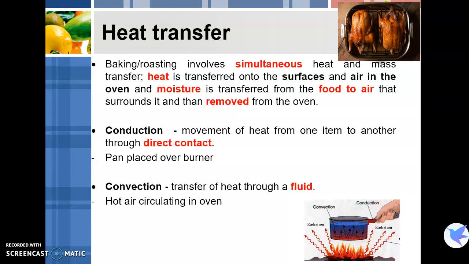Heat can be transferred in two ways. The first is by conduction, in which heat is moved from one item to another through direct contact. The second is by convection, in which heat is transferred through a fluid by circulation.